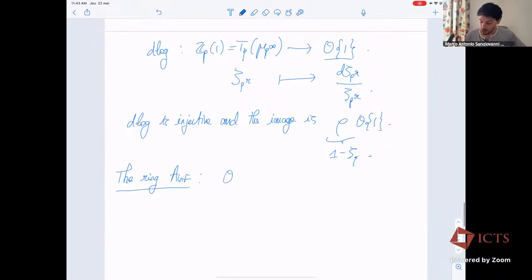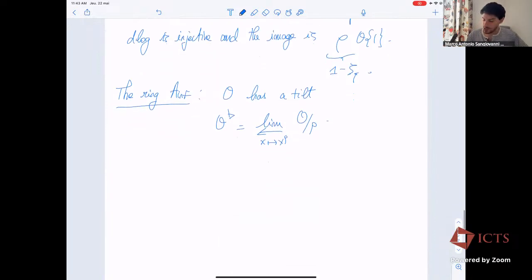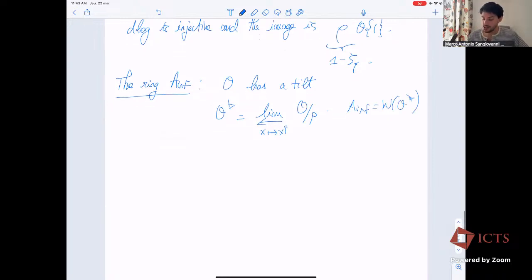So O has a tilt, O flat, which is just the inverse limit with respect to x goes to x to the p of O mod p. And A-inf is the ring of Witt vectors of the tilt. And there is a sort of canonical element. So first you have epsilon, which belongs to O flat, which is just the inverse limit of zeta p to the r, where zeta p to the r are primitive p to the r roots of unity.